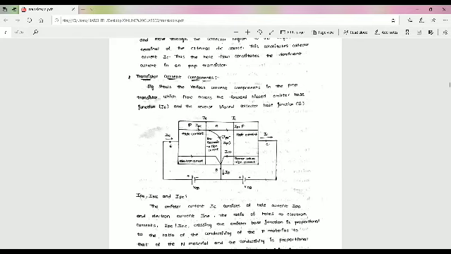Okay, this is the diagram. Current components. This shows the various current components in the PNP transistor which flow across the forward biased emitter base junction. This is the emitter, base and collector.